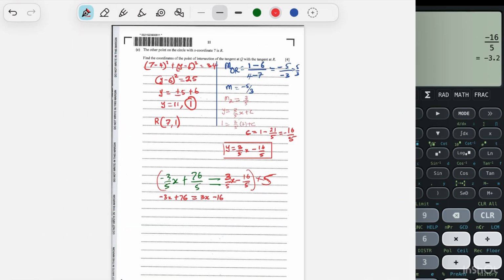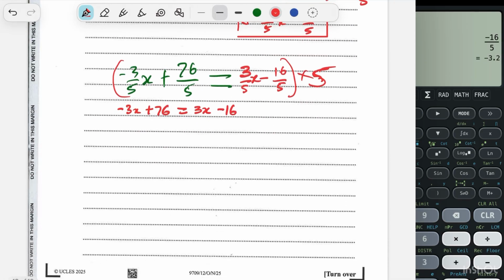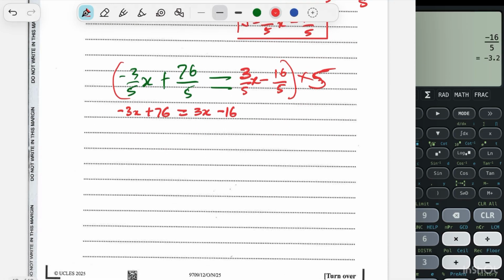Okay, just checking to see if there is any mistake. All right, I think we're fine. So this is plus, so this will be 92 is equal to 6x. So x is 92 over 6. So my x is 46 over 3.